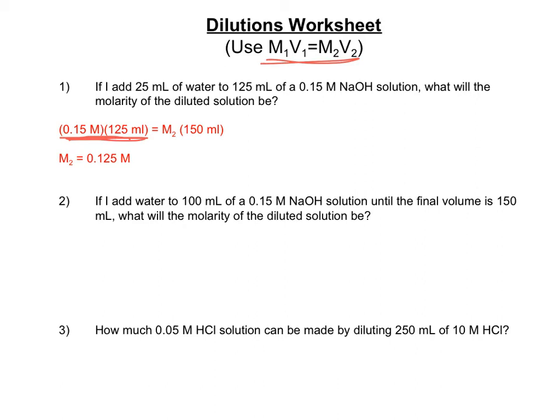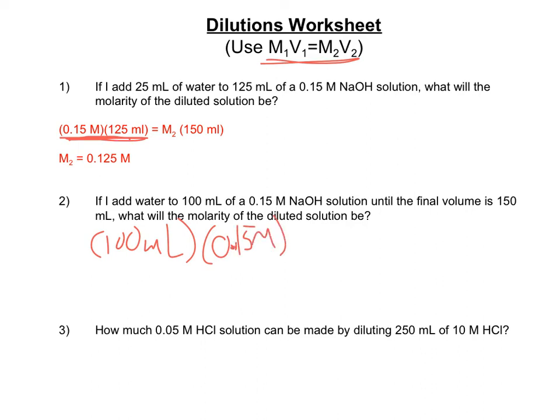We take a 0.15 molar solution. So this one is a little bit tricky the way it's worded. If I add water to 100 milliliters. Okay, so the initial volume, so V1 is 100 milliliters, to a solution that has a concentration of 0.15 molar.